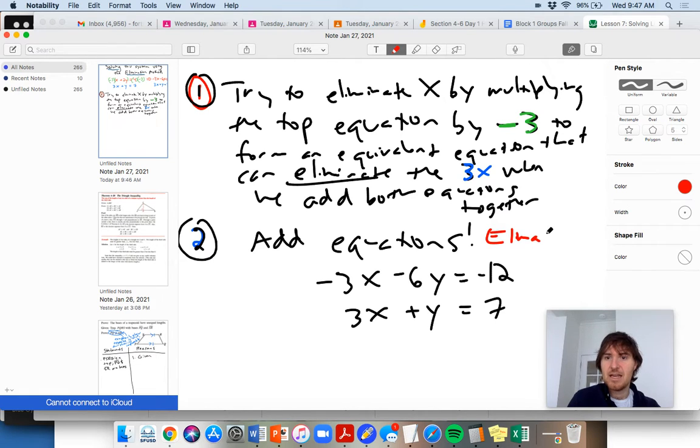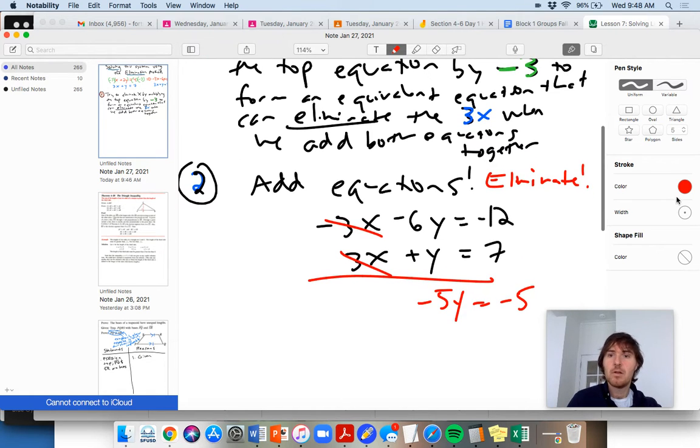This is called eliminating. Add the two together: -3x plus 3x is just going to equal 0. -6y plus y is -5y. -12 plus 7 is -5.